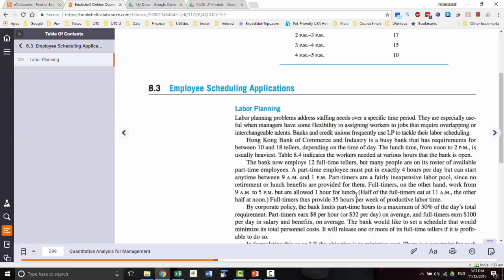Okay, and the part timers. The bank now has 12 full-time tellers. Now, how many people are on the roster?